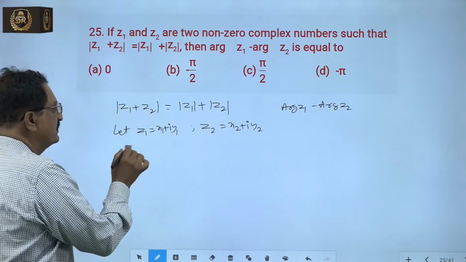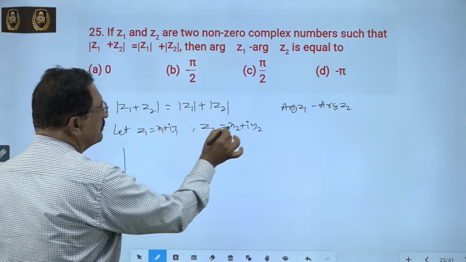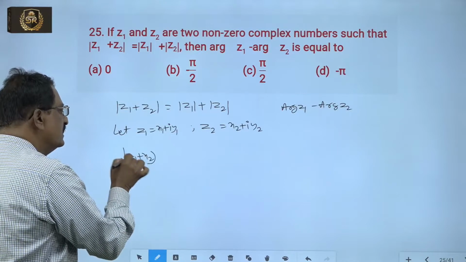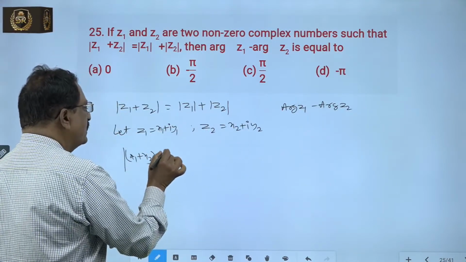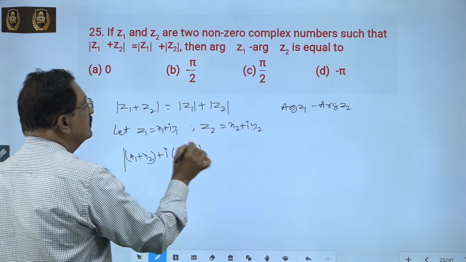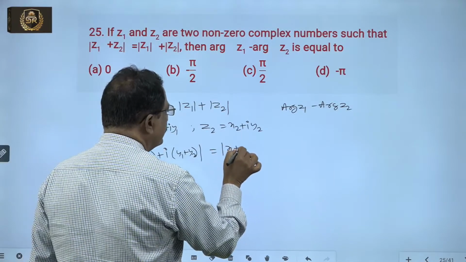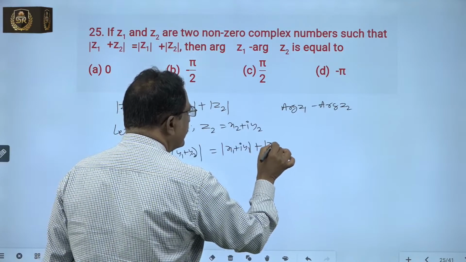Now z1 plus z2 is x1 plus x2, and taking i common from the next two terms, i times y1 plus y2. This equals mod of x1 plus iy1 plus mod of x2 plus iy2.